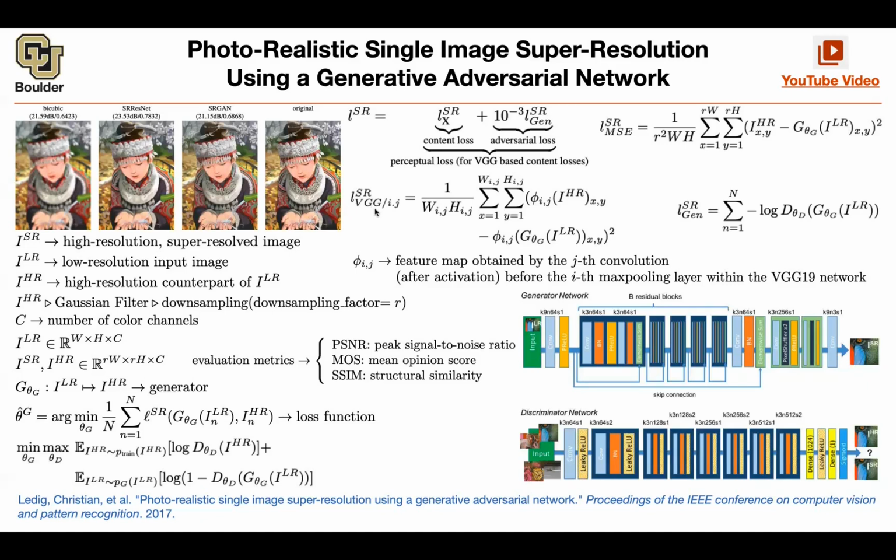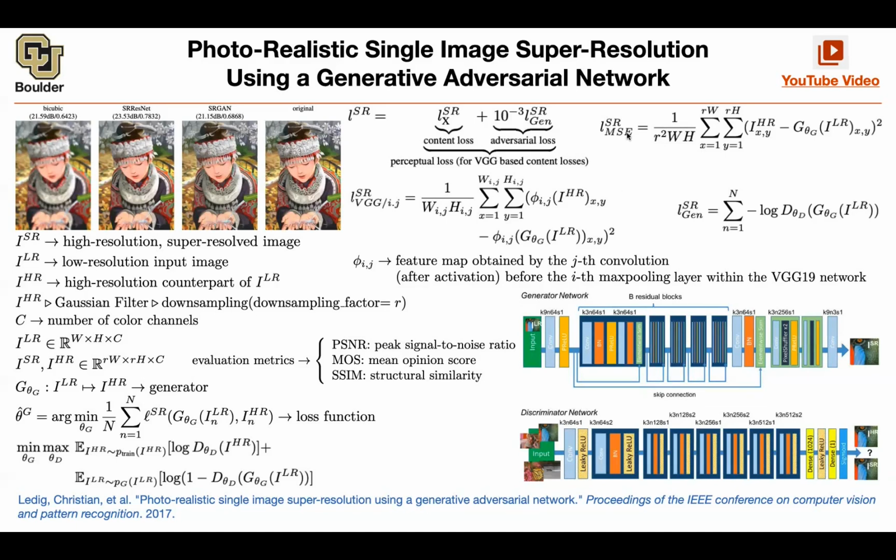VGG is a pre-trained neural network on ImageNet data. It's for classification, but you can cut that neural network at some layers, look at the features or the feature maps at that particular layer, and then compare the features rather than the images. Basically, you're comparing at the feature level rather than comparing your images at the pixel level.